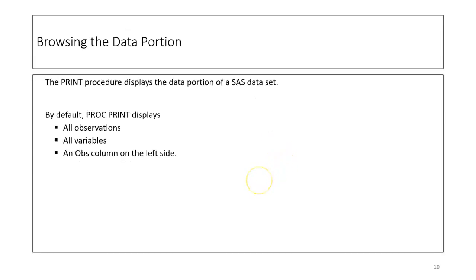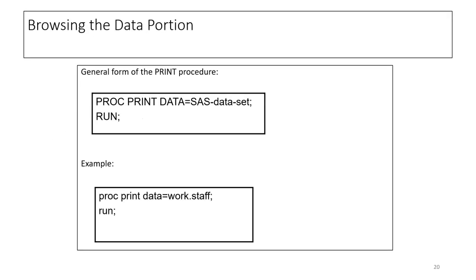Now, browsing the SAS data portion. The print procedure displays the data portion of a SAS dataset, and by default PROC PRINT displays all observations, all variables, and an OBS column on the left side. The general form is proc print data=work.staff, where the library name is work and the dataset name is staff.